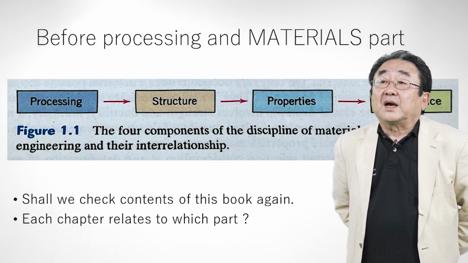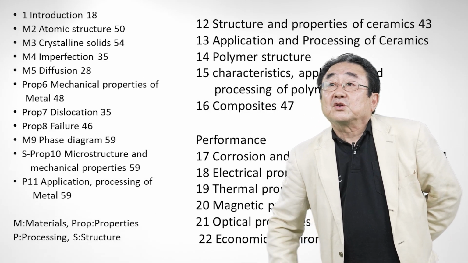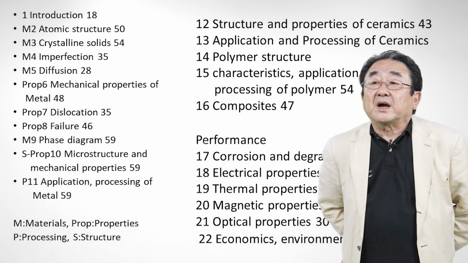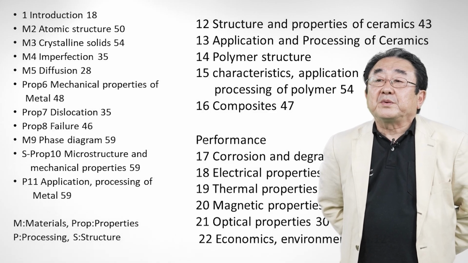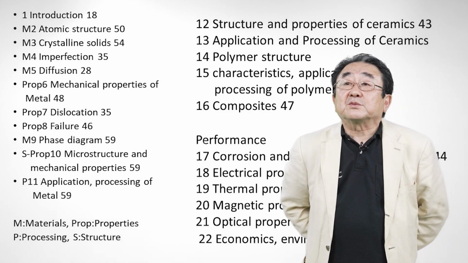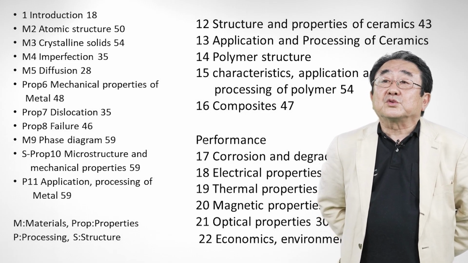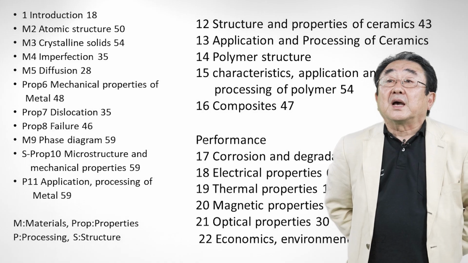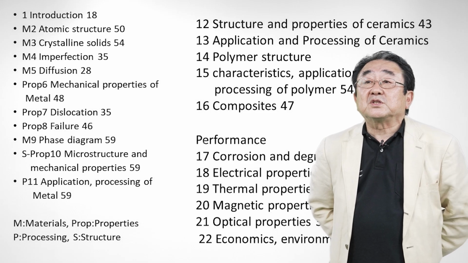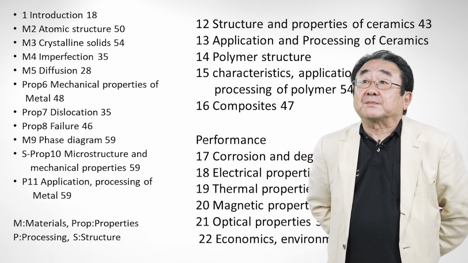So shall we check this book again? Each chapter relates to which part. So this is the contents of this textbook again. M is materials, PROP is properties, P is processing, S is structure. So M is materials, chapters 2, 3, 4, 5 are materials, 6 is properties, 7 is properties, 8 is also properties, and 11 is processing.